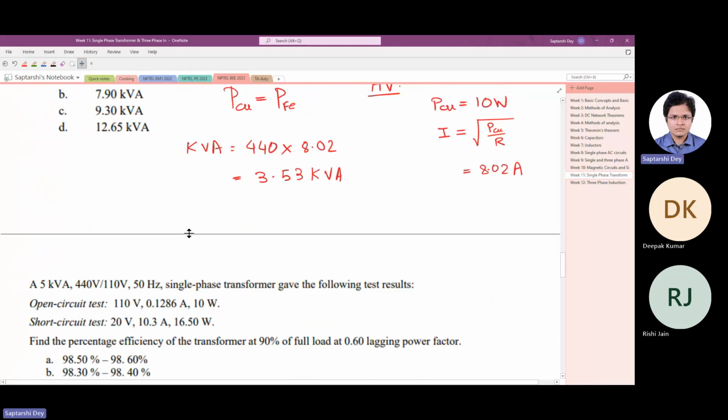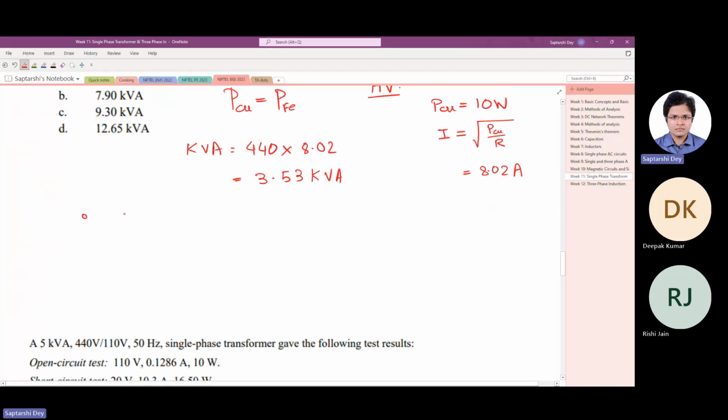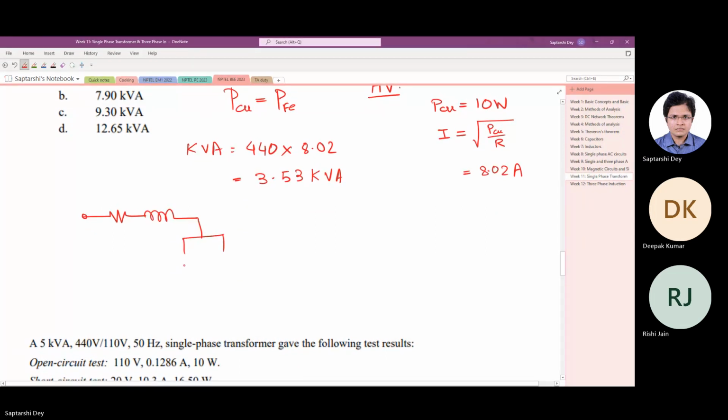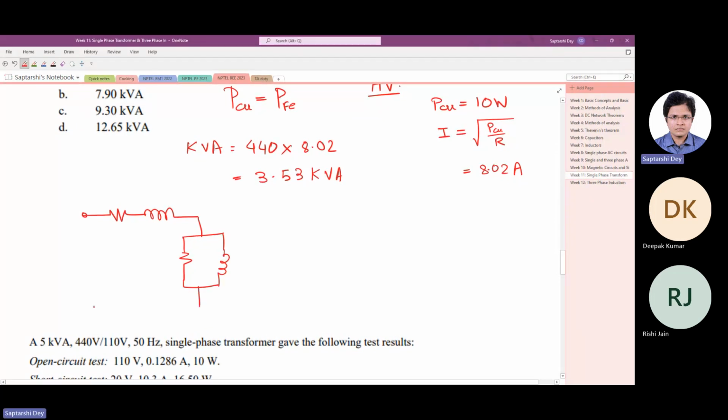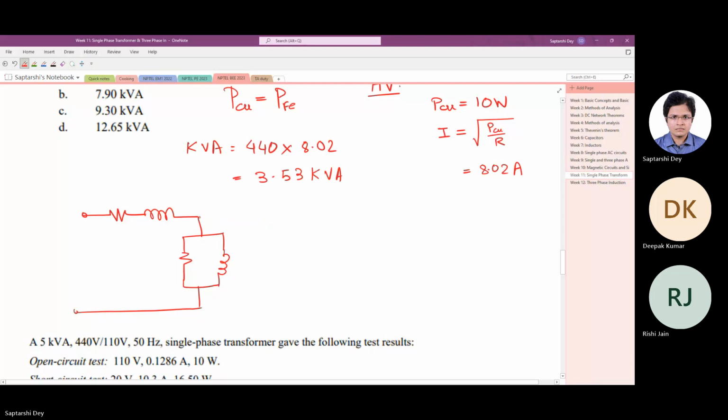Okay, let me draw once again. This is the equivalent circuit of the transformer. I am drawing an even simpler one. You can think like this. See, a transformer is made of two things primarily.